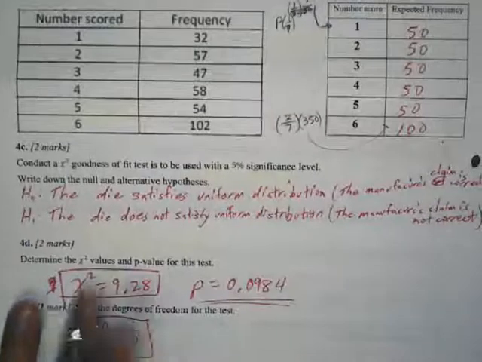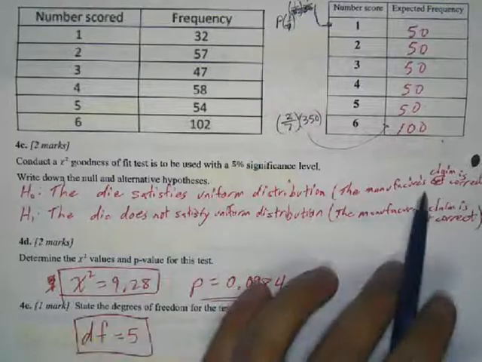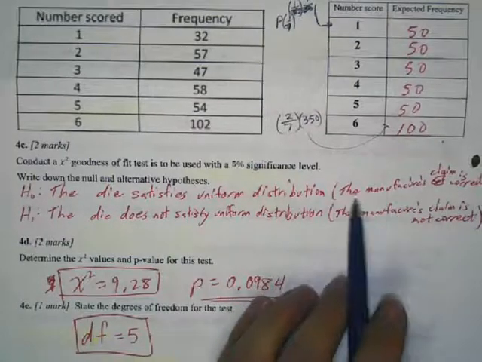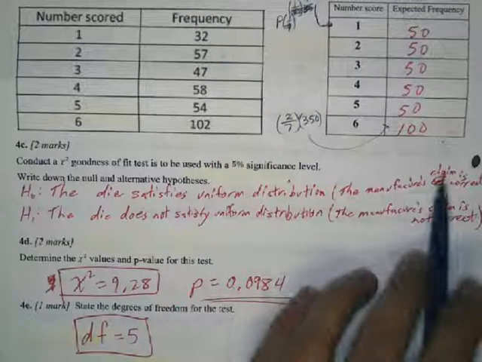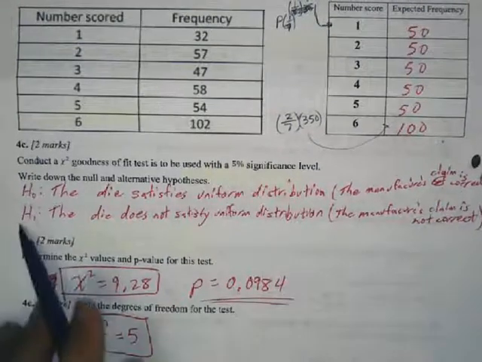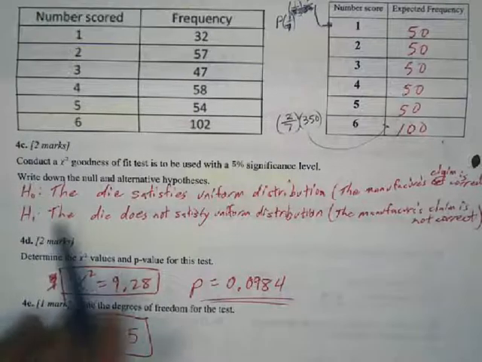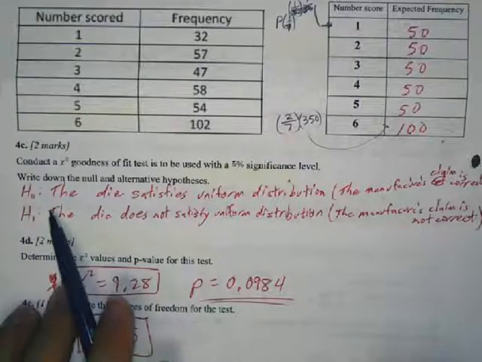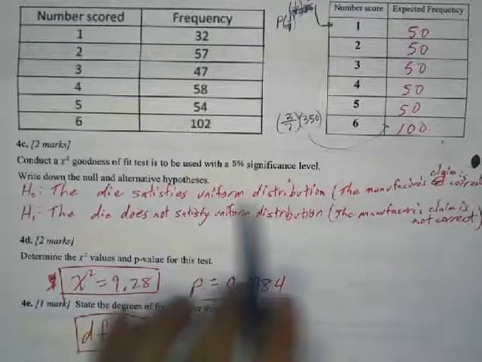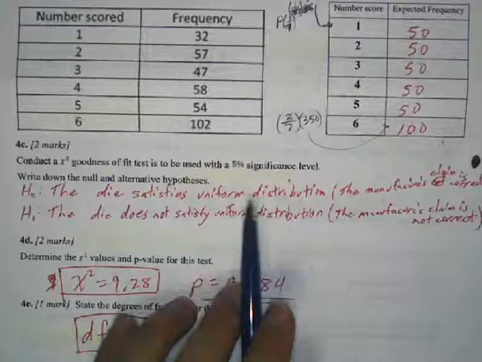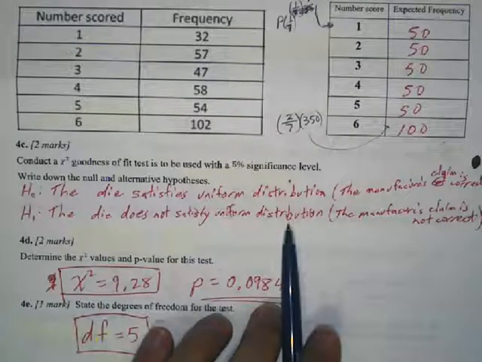Okay, so the IB solution key says that the null hypothesis is that the manufacturer's claim is correct, and the alternative hypothesis is the manufacturer's claim is not correct. In our textbook problems, we had the answers of the die satisfies normal distribution or uniform distribution, and the die does not satisfy uniform distribution.